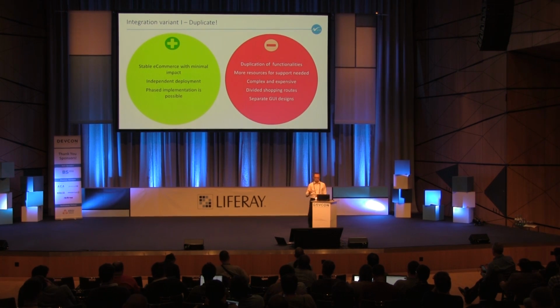You have independent deployment. You can grow and extend each part separately. And you have time to implement new functionalities from the e-commerce in the portal, step by step, moving some pieces of it to the portal.